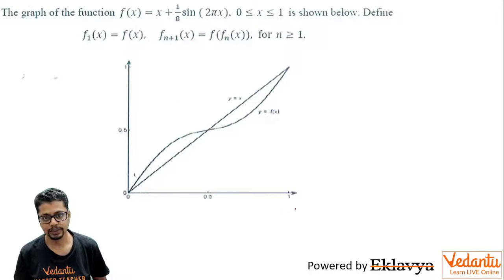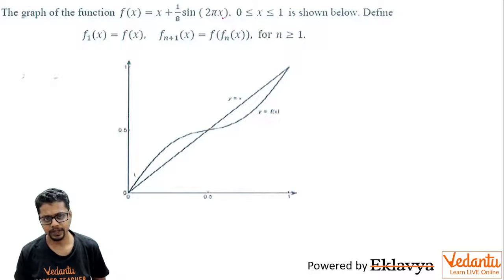So this is supposed to be the graph, which makes sense because at x equal to half the sine term would become 0, because sine pi is 0, and you get f of half as half only. Similarly, f of 0 is 0 and f of 1 is 1.